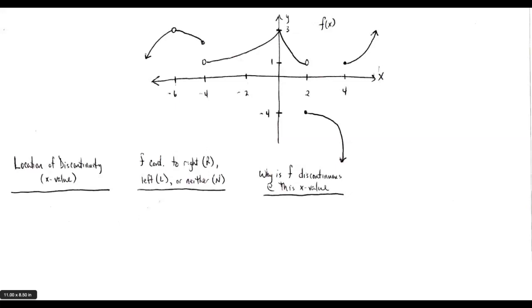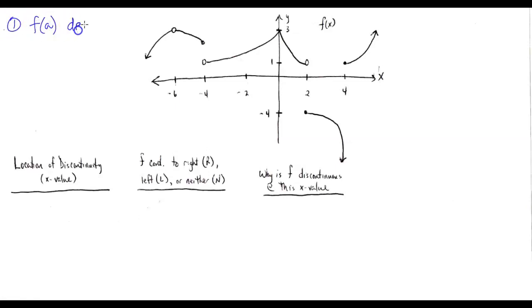We want to know whether the function is continuous to the left or to the right. And if the function is not continuous, why is that? We want to refer to it in terms of the three criteria that we have for continuity of a particular function at a particular x value. So I'm going to briefly write those up here again, just so that we know.